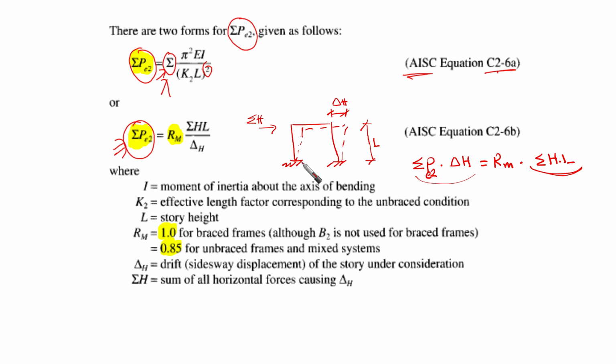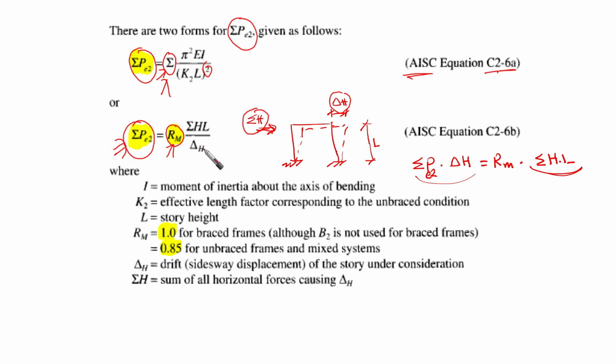What is HL? Summation of H is the horizontal load that is being applied on the system, and L is the story height. And this deflection is going to be delta H, and this is what we are going to use, and it is going to be multiplied by one factor here.